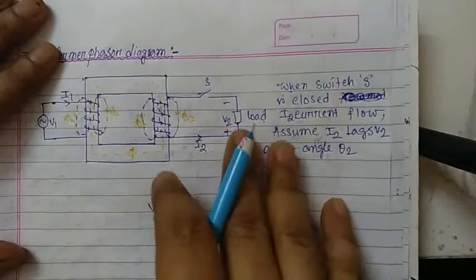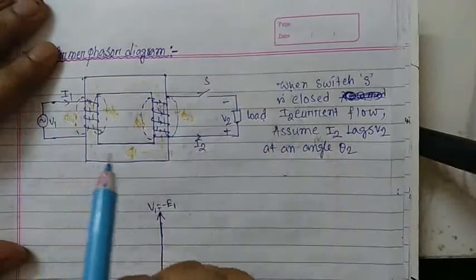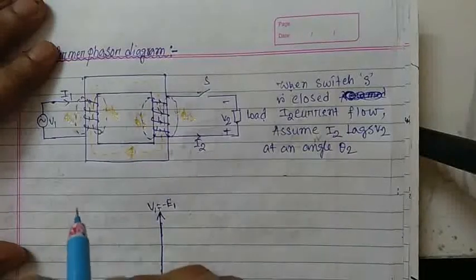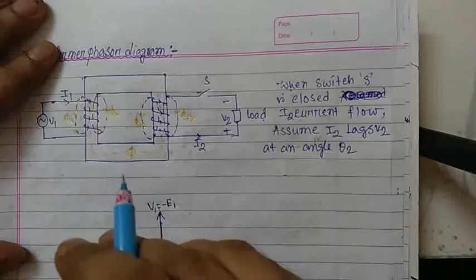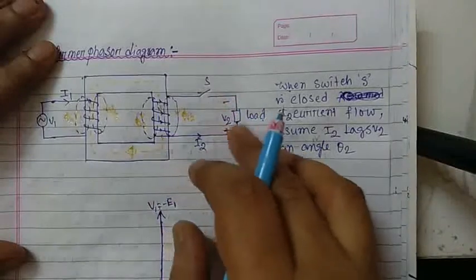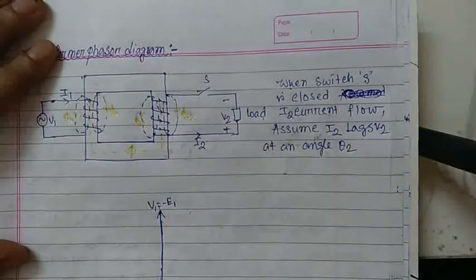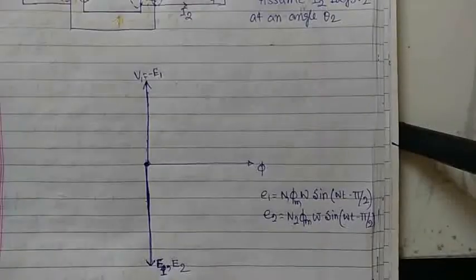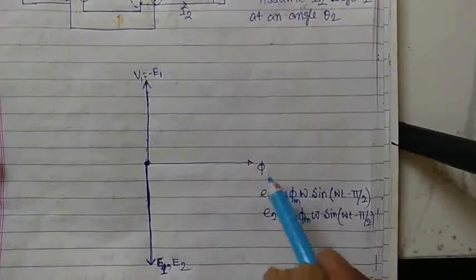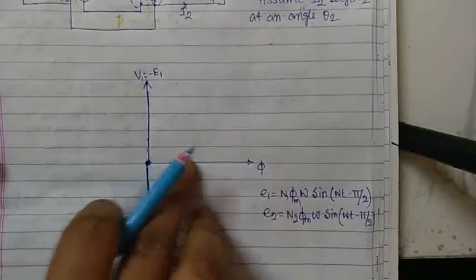Here I draw a phasor diagram of a transformer at lagging power factor. That means we are connecting an inductive load. Taking phi as a reference.